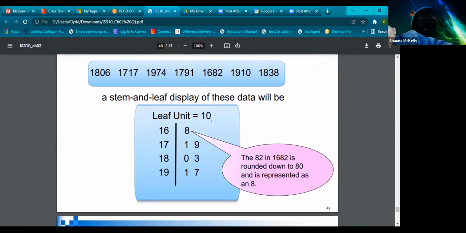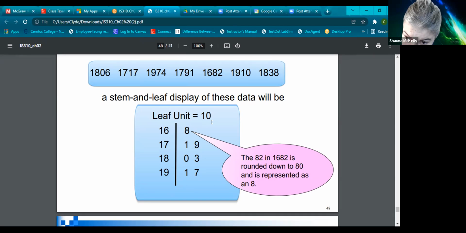So here we have a 4-digit number, right? What they decided to do here was they took the first two digits, like 1800, 1700, 1900, and so forth, right? And then they said 16, so 16 and 8. So when they had 16, it was 16, 8.